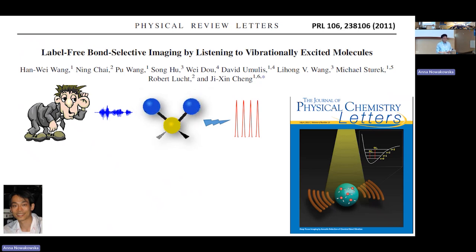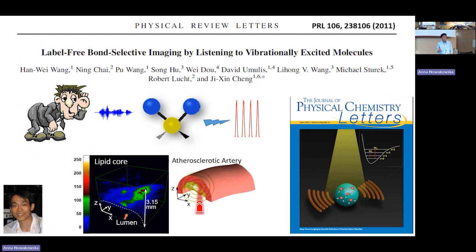Then we realized that we actually got a new contrast through this overtone transition by one beam. So we call this label-free bond selective imaging by listening to chemical bond vibration. This solved the depth issue because of ultrasound detection. Right? So in CARS, the penetration depth is 100 micron, and here we can reach 6 millimeter in diameter.